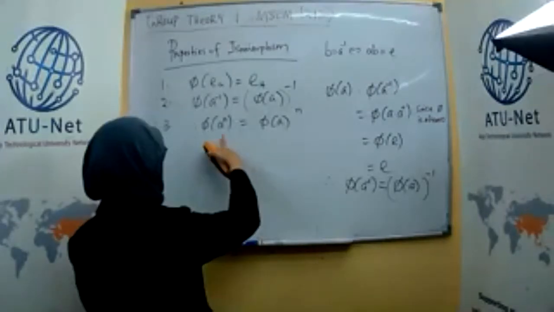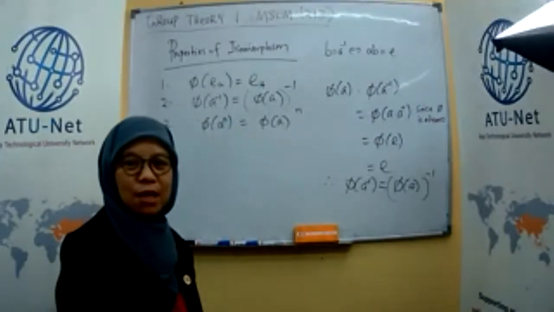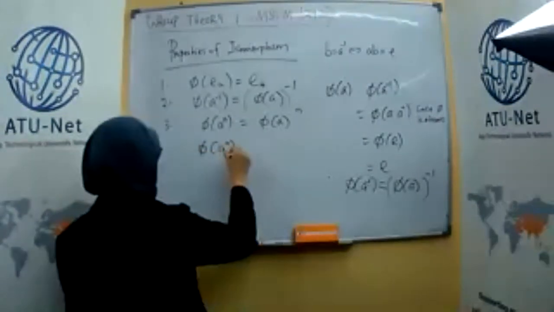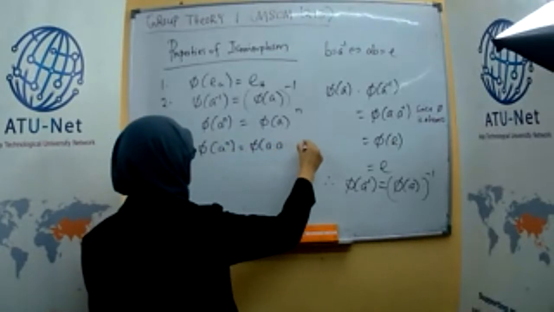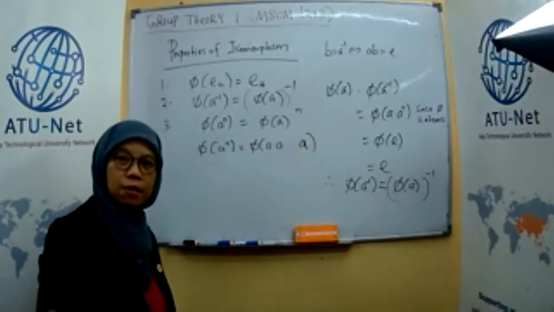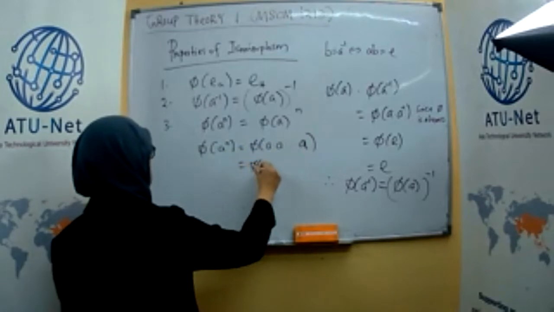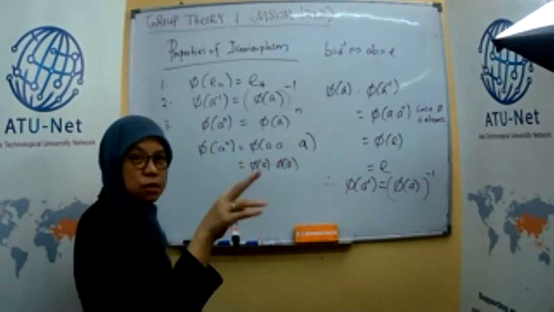Okay, now I want to show this. It's quite straightforward using homomorphism. Phi of A to the n is phi of A, n times. This is by homomorphism, and everything is associative, right?